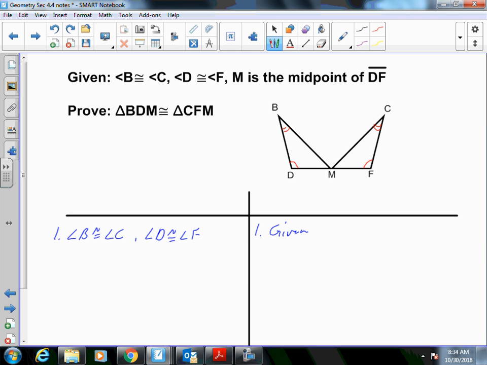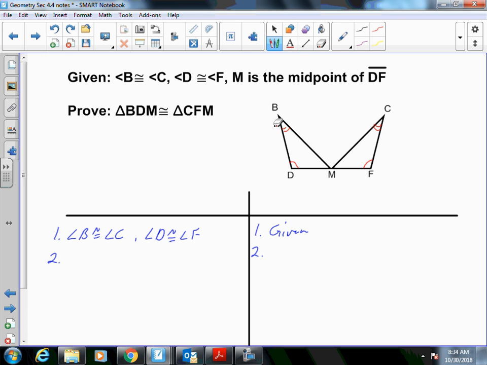And I've already got those marked for us. Angle B and angle C are congruent. Angle D and angle F are congruent. And then we can't really do anything else there that would be beneficial.